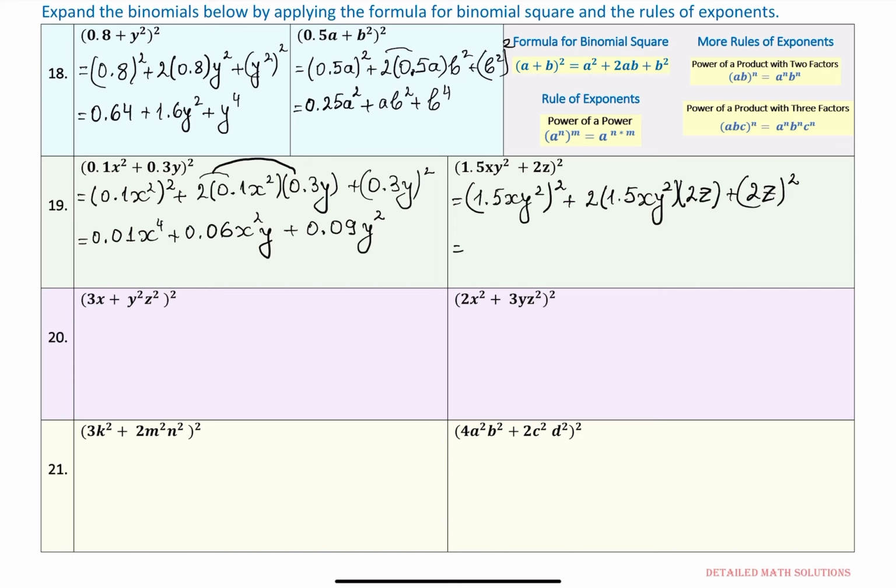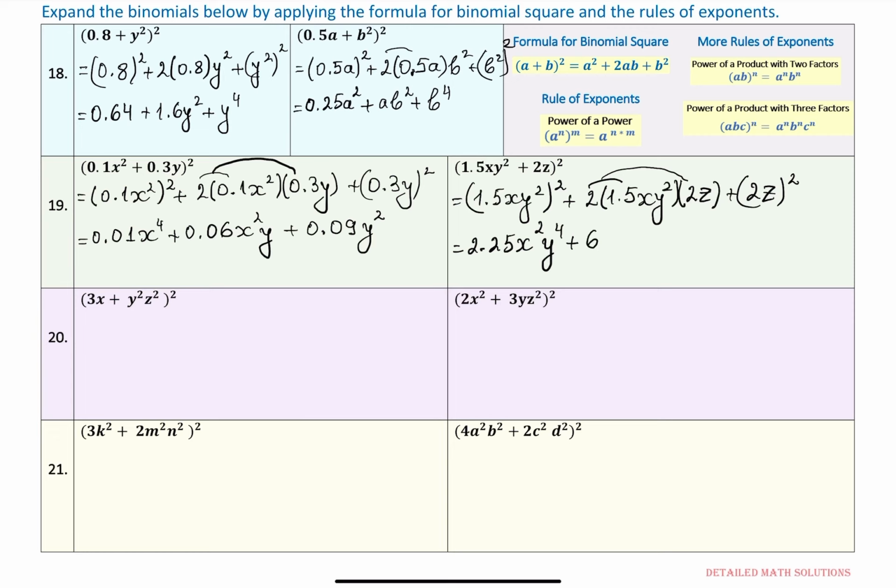This equals 1.5 squared is 2.25, and then we have x², (y²)² gives us y to the fourth power, plus 2 times 1.5 equals 3, then multiplied by 2 equals 6.